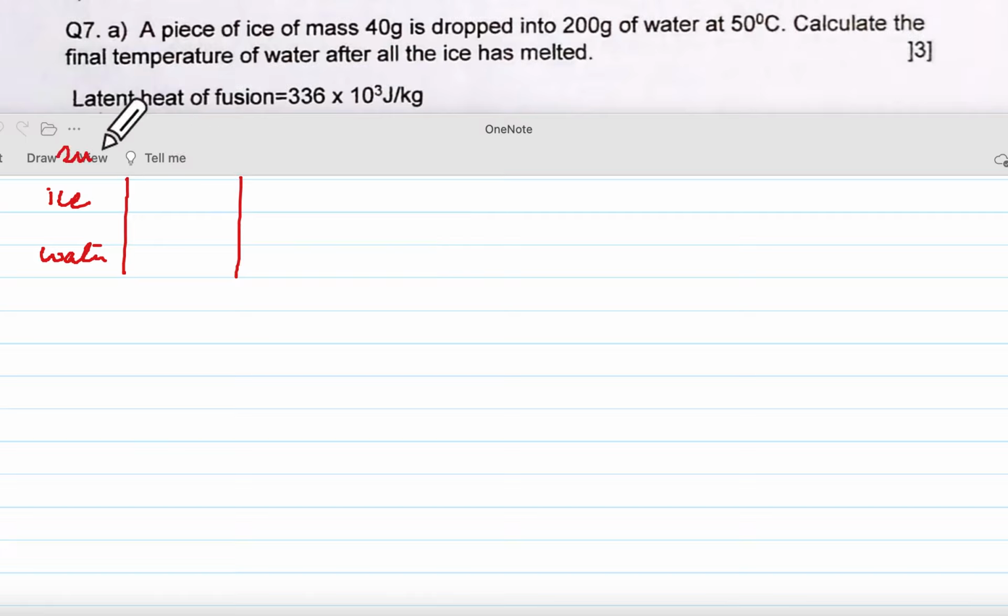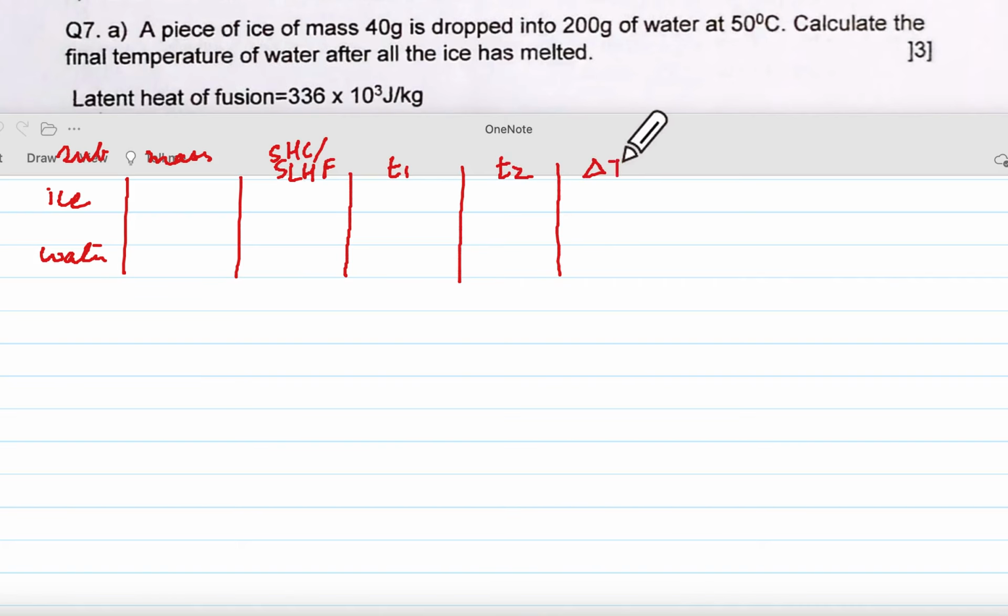So our first column is substance, mass, then we have SHC/SLHF, and then you'll have T1, T2, and then delta T. So 40 grams of ice and 200 grams of water.